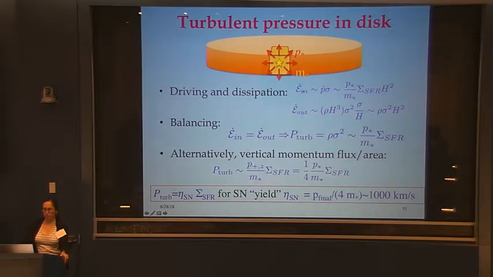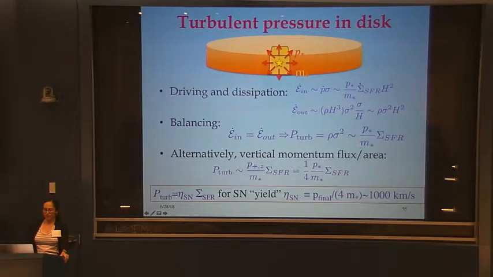One way to ask how the turbulent pressure depends on the star formation rate is to look at the balance of driving and dissipation of turbulence. So if you have a momentum input rate of p dot and the final velocity dispersion, or final velocity when this reaches its largest scale, of sigma, then that would be the energy input rate per unit mass.